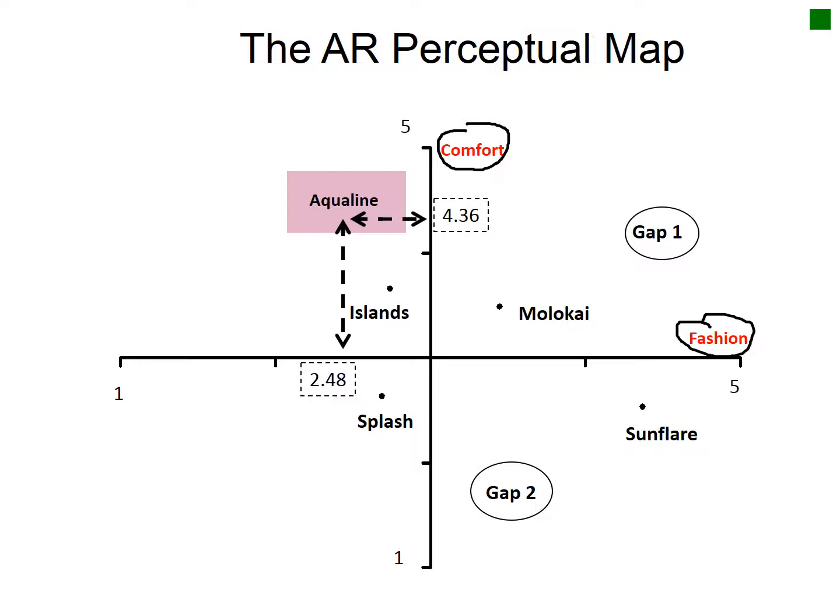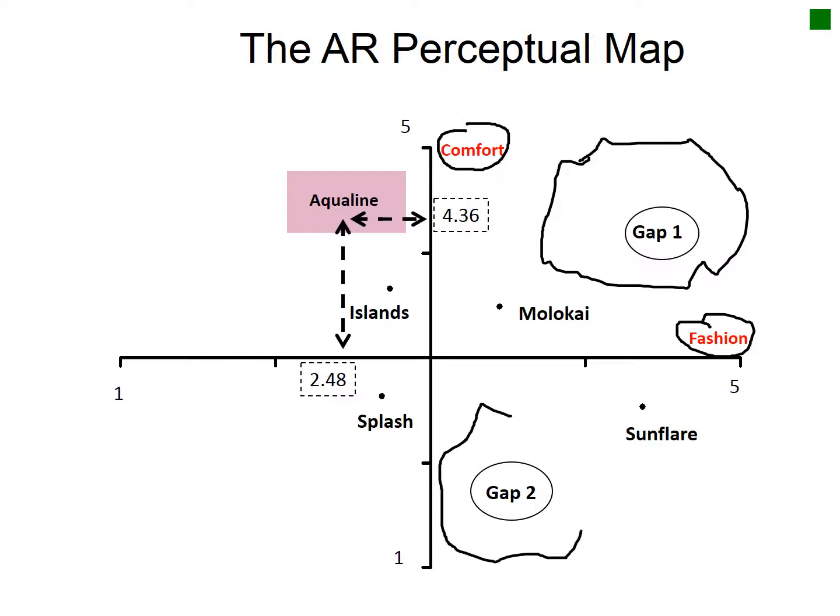So this whole area in here is an area where there's no competition that I might want to move into in order to gain market share or gain customers who are being underserved. Here's another one down here. Now, generally speaking, if you have a map like this where the higher numbers are to the right and to the top, you want to move in an upward direction if you want to better serve your customers.